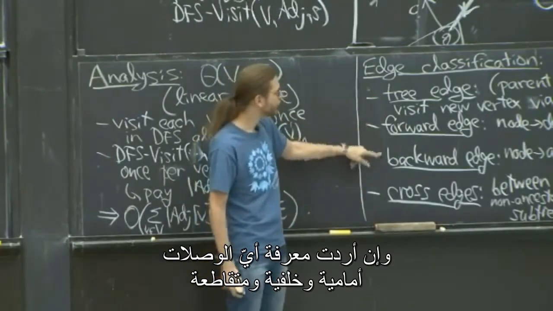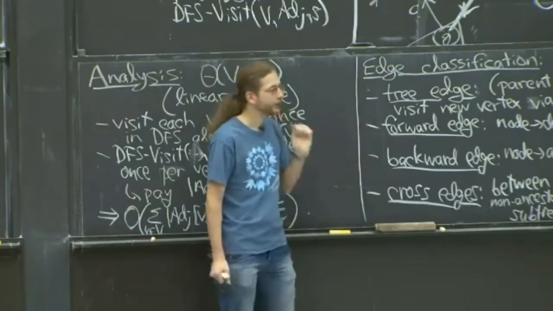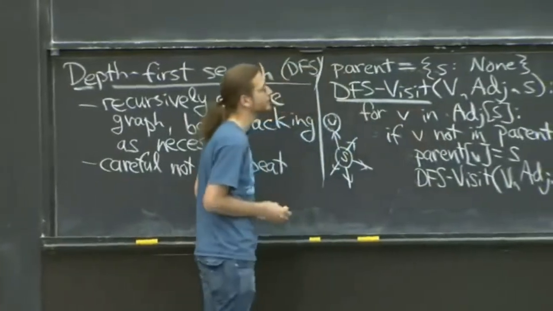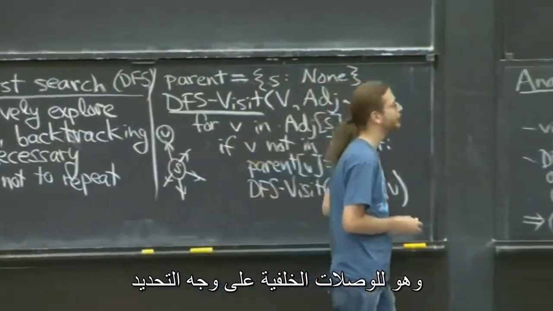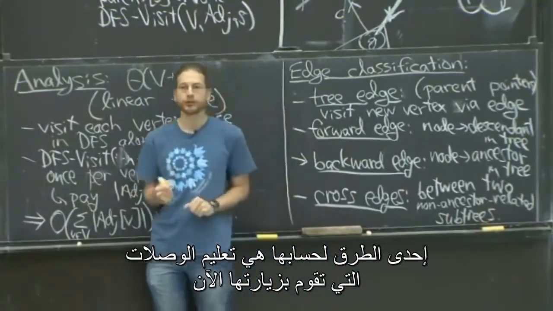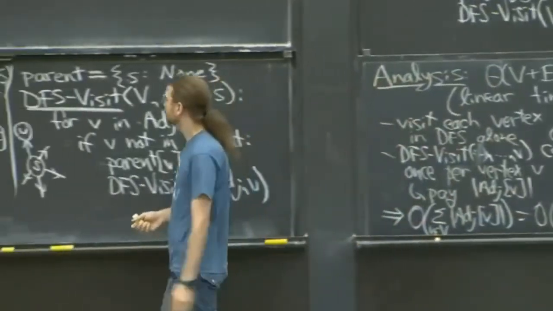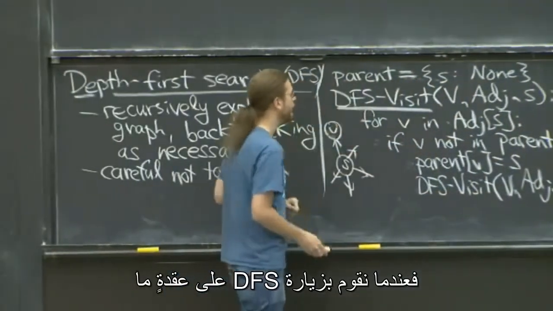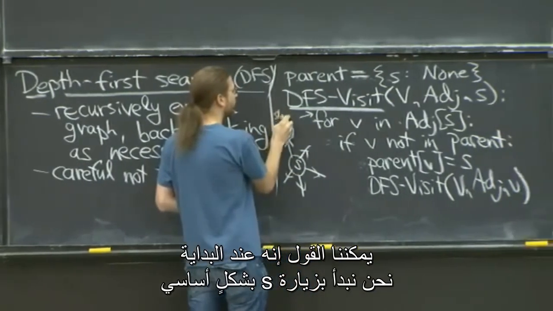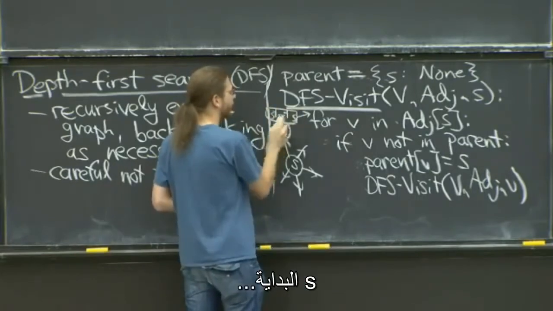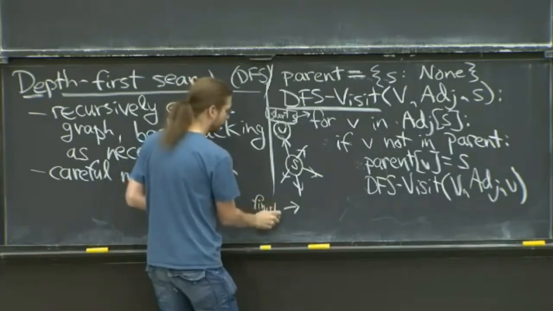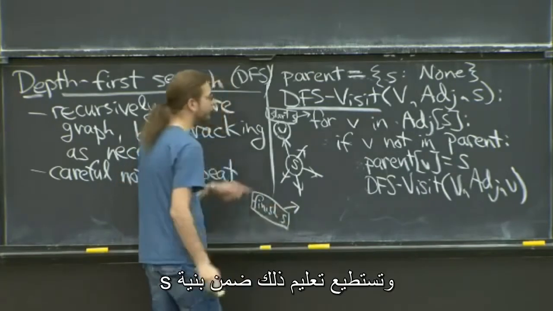If you want to know which are forward, which are backward, which are cross edges, the key thing you need to know is, well, in particular for backward edges, one way to compute them is to mark which nodes you are currently exploring. So when we do a DFS visit on a node, we could say at the beginning here, basically, we're starting to visit S. So say start S. And then at the end of this for loop, we write we're finished with S. And you could mark that in the S structure.